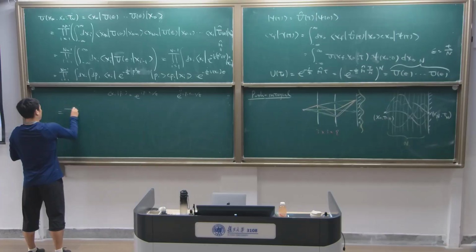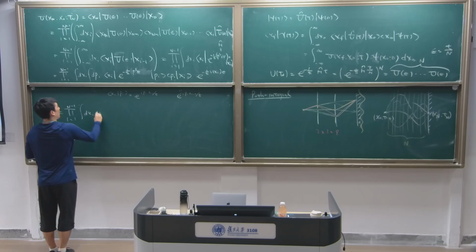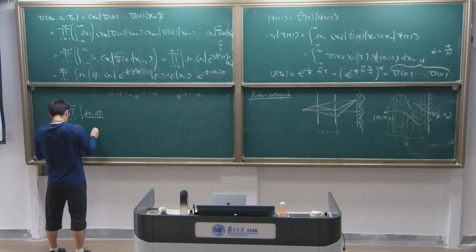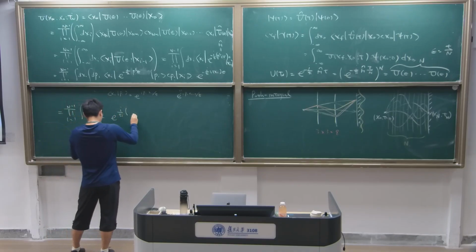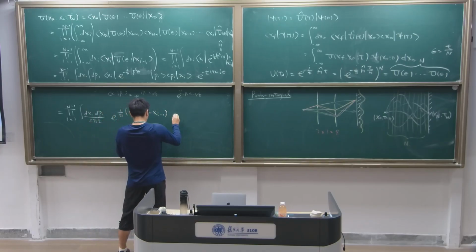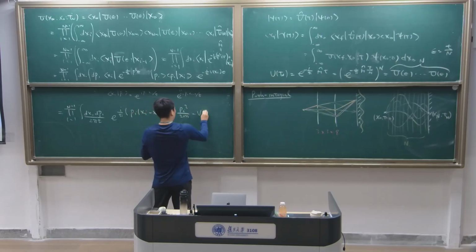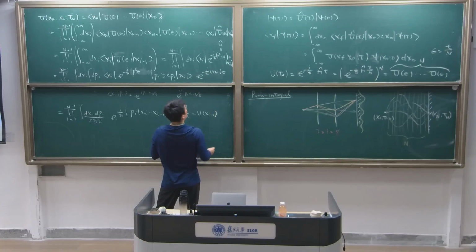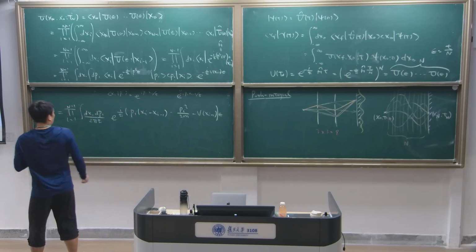So therefore what you get is the product over i from 1 to N of dx_i dp_i over 2πħ, e^{(i/ħ)[p_i(x_i − x_{i-1}) − ε(p_i²/2m + V(x_{i-1}))]}.